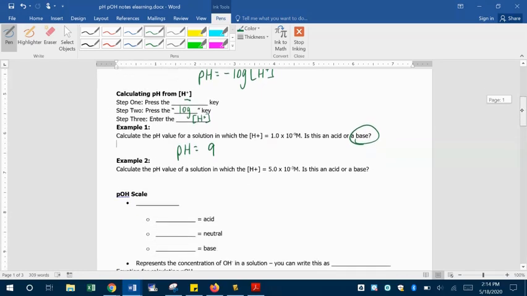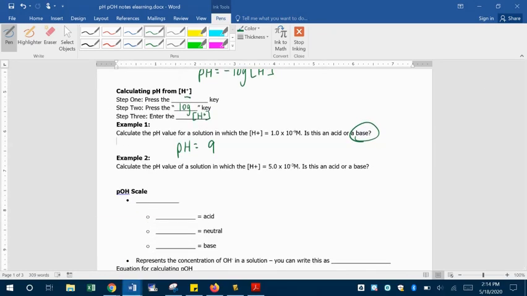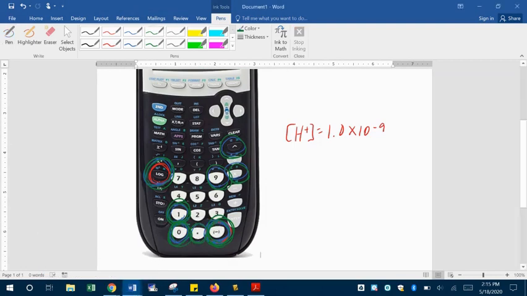Okay, let's try example number 2. So let me just erase these marks so that you can better follow along. So for number 2, it says that the H plus concentration is 5.0 times 10 to the negative 3. Sorry, I wrote 13, 10 to the negative 3.